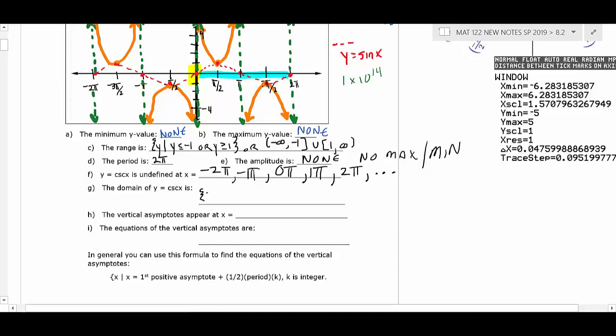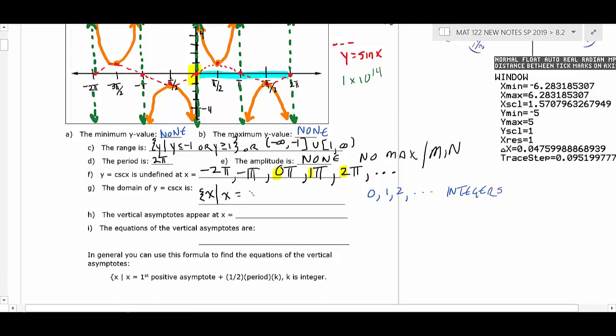So let me show you what you do. You say the set of x, that's what a domain always is. And then what I want you to notice is you always have pi, but you always have a whole number in front, or an integer. The numbers 0, 1, 2, going on forever, and then of course your negatives, those are integers. We call that integers. So we have to write this in a formula.